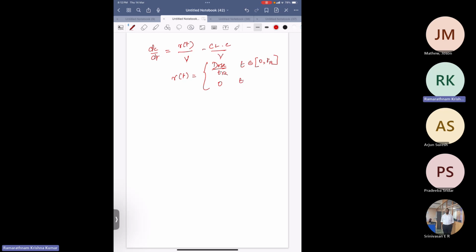And when T is greater than or equal to TR, it is 0. Understood? What else do I need? I need initial values. Let us say that the initial value is equal to 0. Clear?